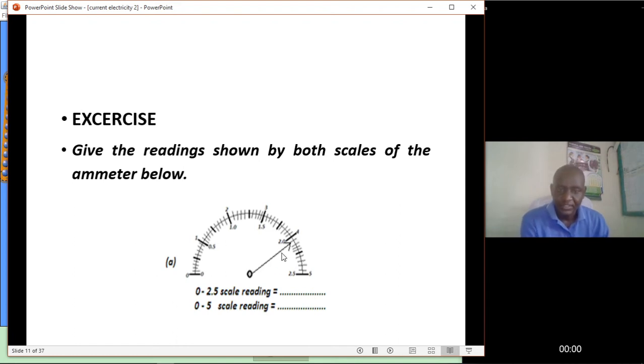The other one is 2.05. This one also should have been 2.5. So it is 0 to 2.5, 0 to 5. This is 2.05. This is 4.1.